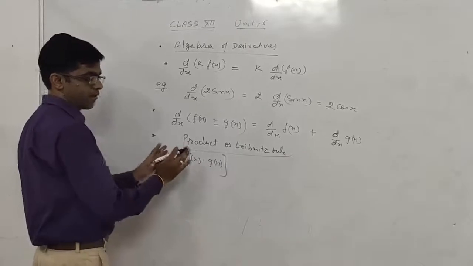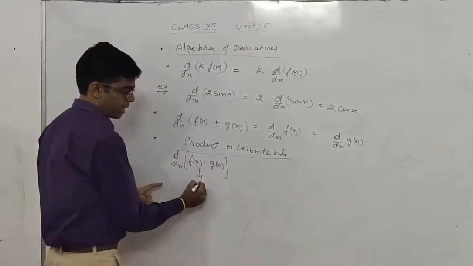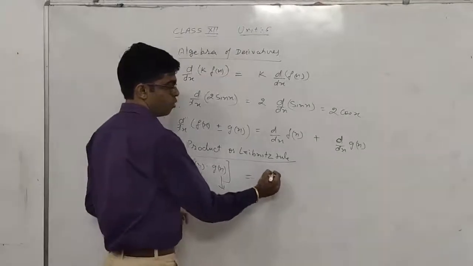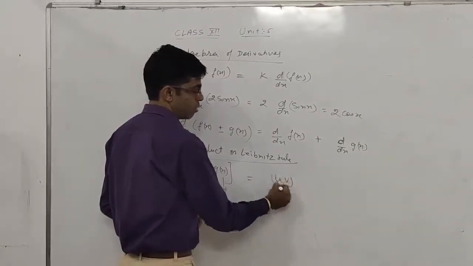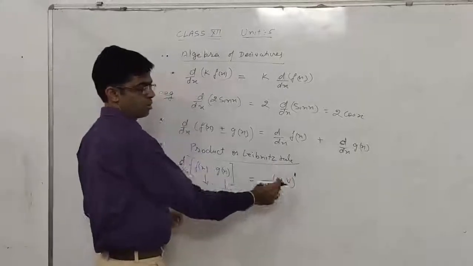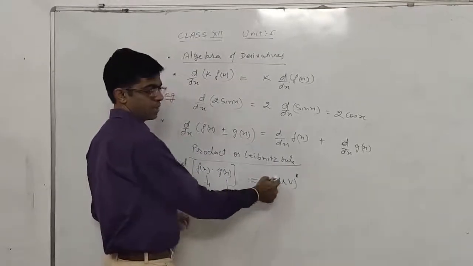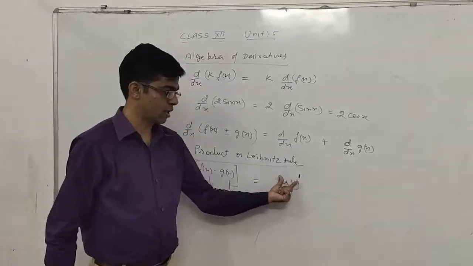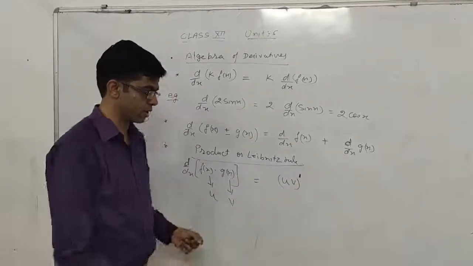This is something different. So treat this as u function and this as v function. Means we want to differentiate the product of both. This is a symbolic representation of the differentiation of the product of two functions.